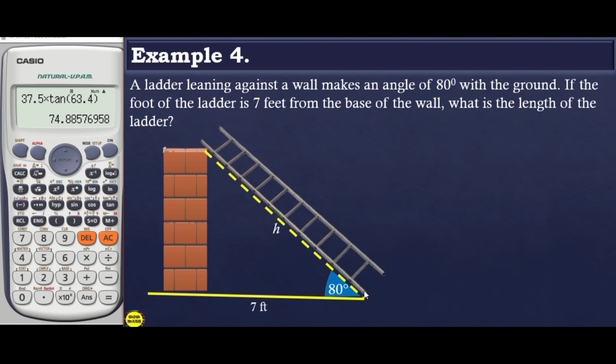Okay, so if the foot of the ladder is 7 feet from the base of the wall, yan daw yung layo nila, yung distance, so 7 feet. Ang tinatanong, what is the length of the ladder? Ito ngayon ang hinahanap sa atin. So, given yung angle, given yung distance ng foot ng ladder at yung base ng wall, ito ang hinahanap natin.